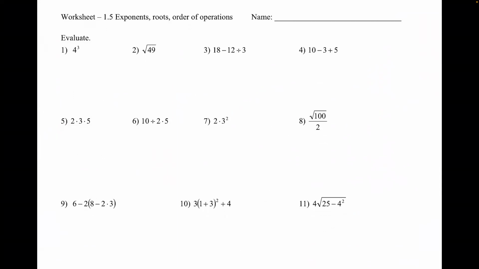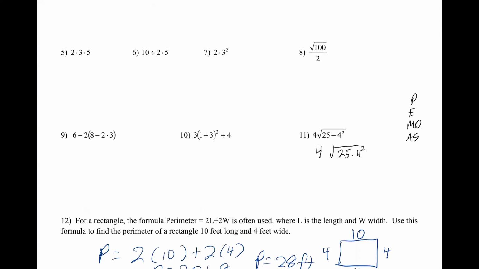Okay, so here we have 4 times the square root of 25 minus 4 squared. I'm going to follow my parentheses, exponents, multiply, divide, add, subtract, and I'm going to say to myself, hey, look, self, this is a grouping symbol. So I'm going to say, okay, we've got 4 times the square root of 25 minus 16.